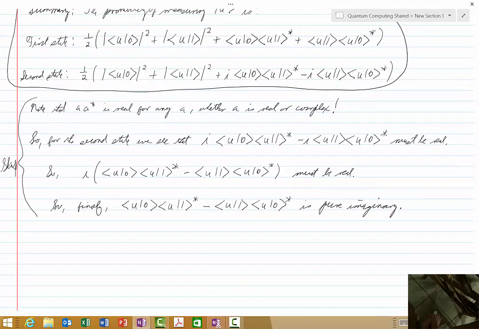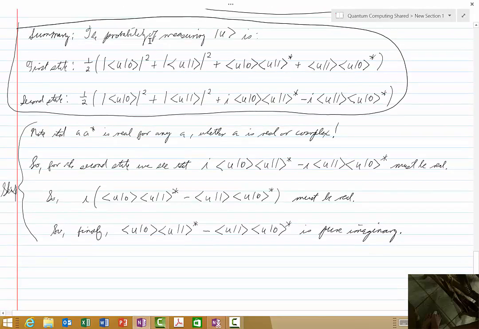So getting back to our summary, remember that in the first state, the probability of measuring the ket u is here, and in the second state, the probability of measuring the ket u is this. And what we would like to do is to find a u that will make these probabilities different.